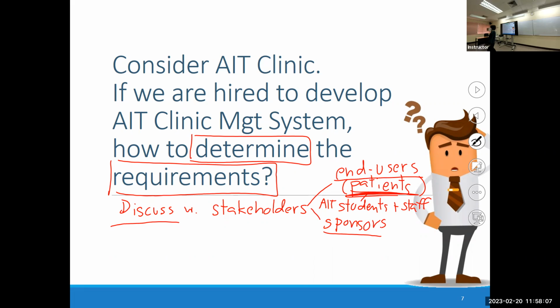What do you think? The government of Thailand? Oh, they have money. Maybe they are sponsor. Who? Maybe this side, you can give me some idea. Pardon? Insurance company? The King sponsorship? AIT what?